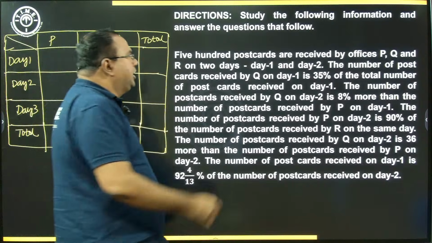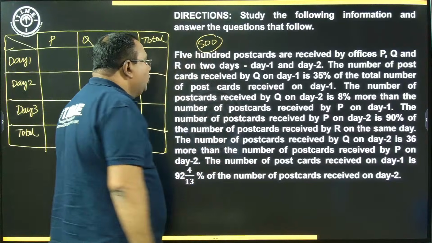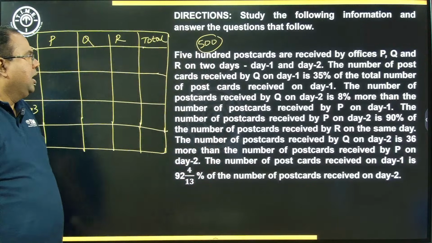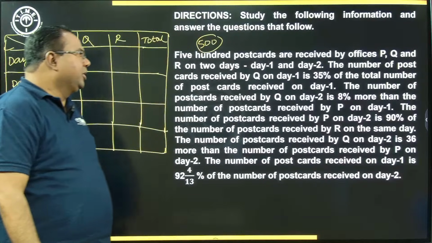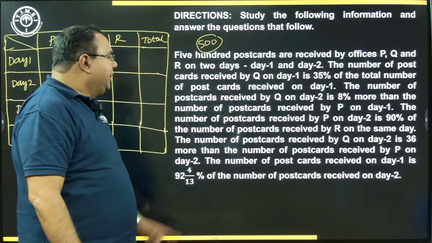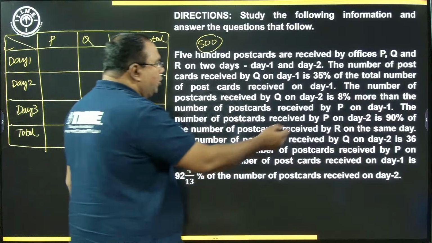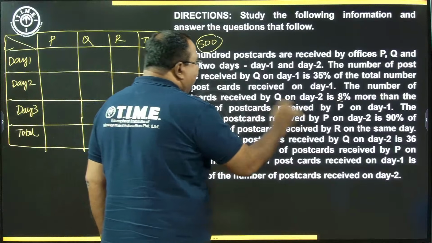500 postcards total received by offices P, Q and R on 2 days, day 1 and day 2. Number of postcards received by Q on day 1 is 35% of total postcards received on day 1. The number of postcards received by Q on day 2 is 8% more than postcards received by P on day 1.